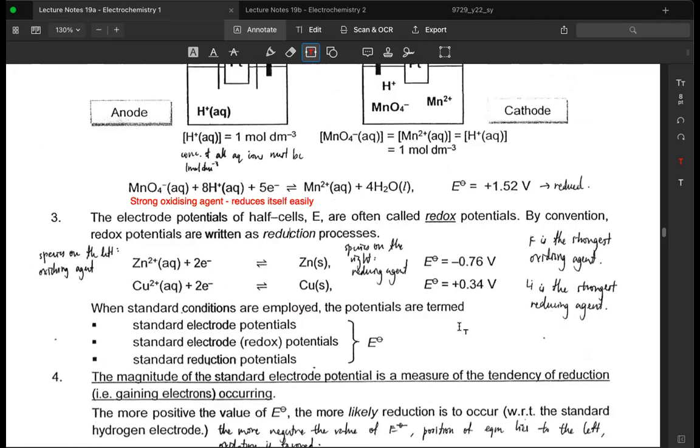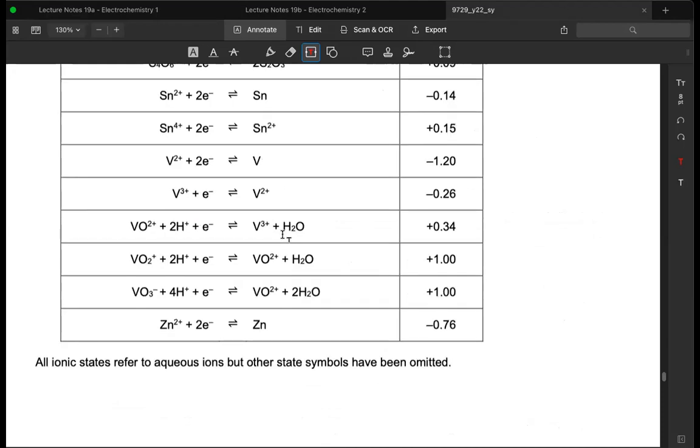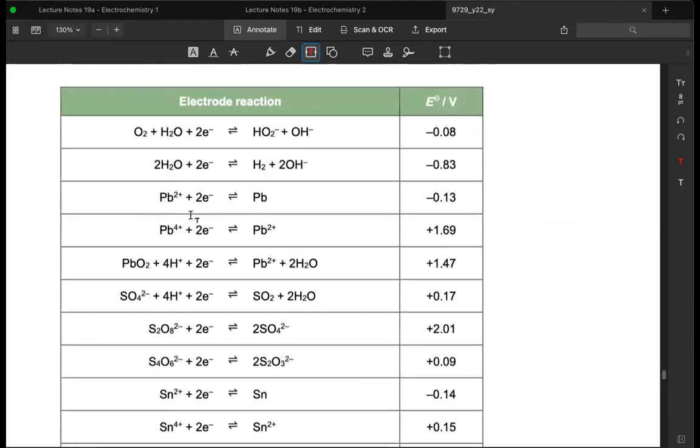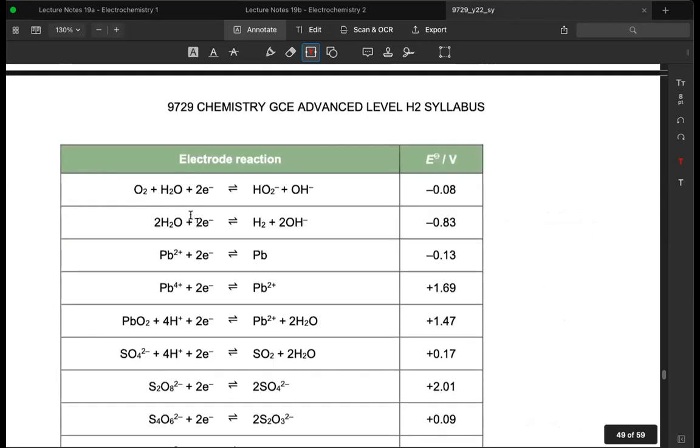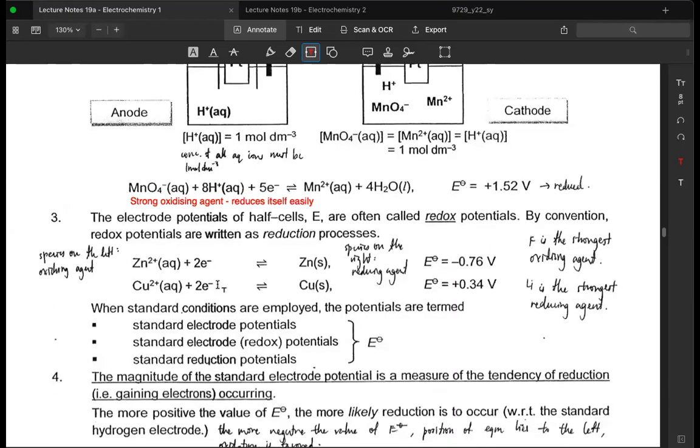So by convention, we represent redox potentials as reduction processes. Since we call it redox potential, normally we just represent reduction. So in your data booklet, as observed just now, everything here is in terms of reduction, all of it. Okay, so if you want to write the oxidation equation, just flip the equation to the other way. All right.